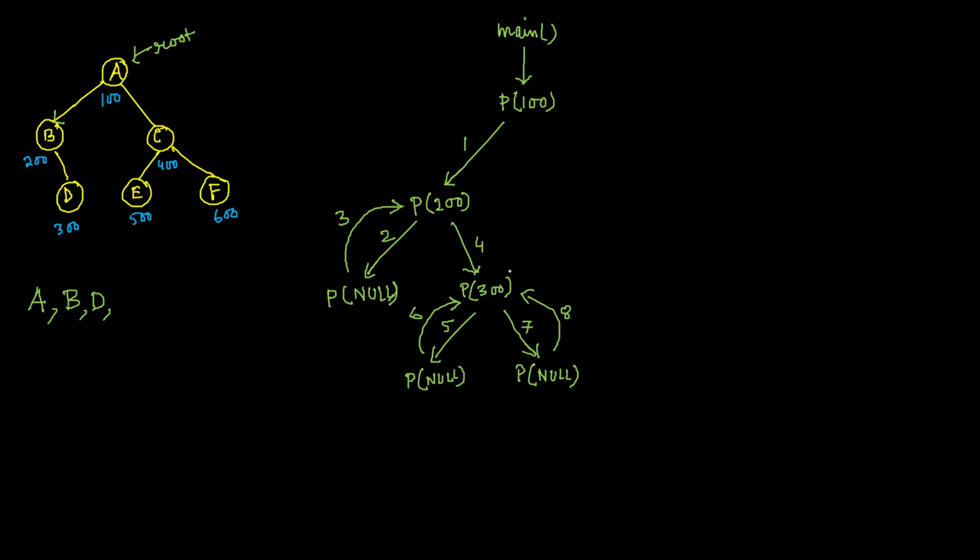So what will happen? Simply it will start returning, and it will return obviously from here to here, because from this pre-order function it was called. Now in which line of this pre-order function will it get returned?